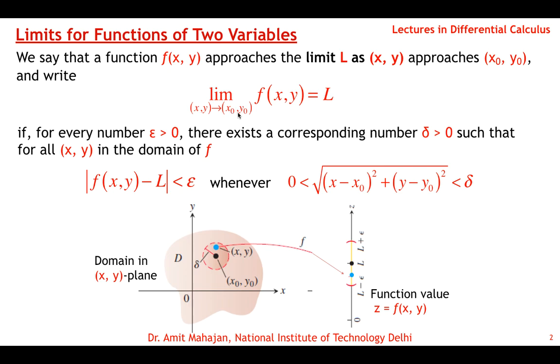But how close do the points (x,y) lie to (x naught, y naught) so that the function lies arbitrarily close to L?